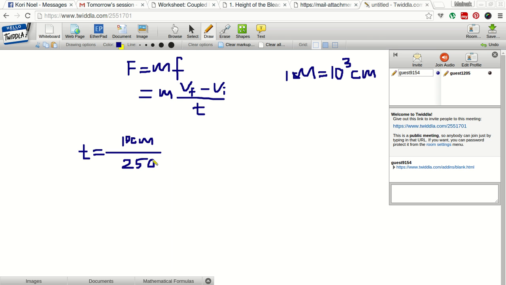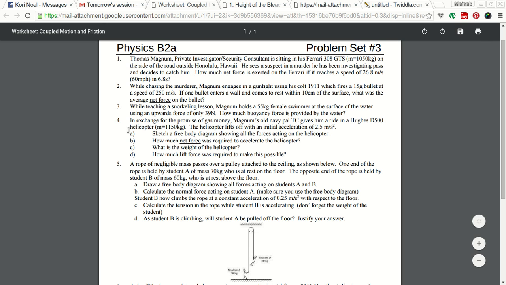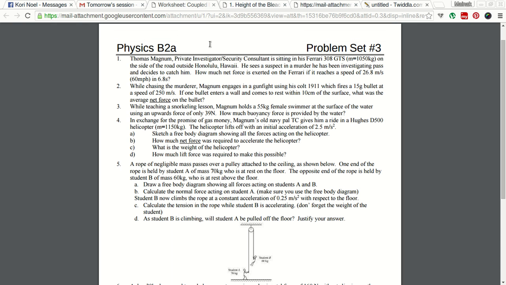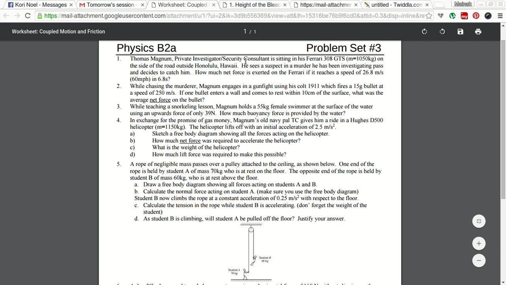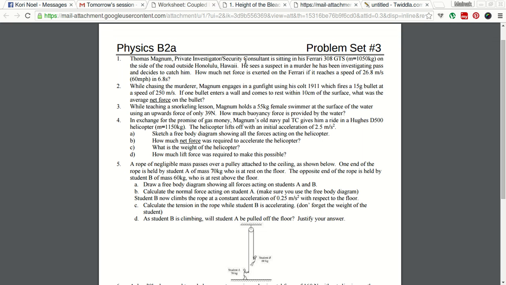See, within that particular material, a bullet enters a wall. So within that wall, the velocity of the bullet will get reduced, correct?